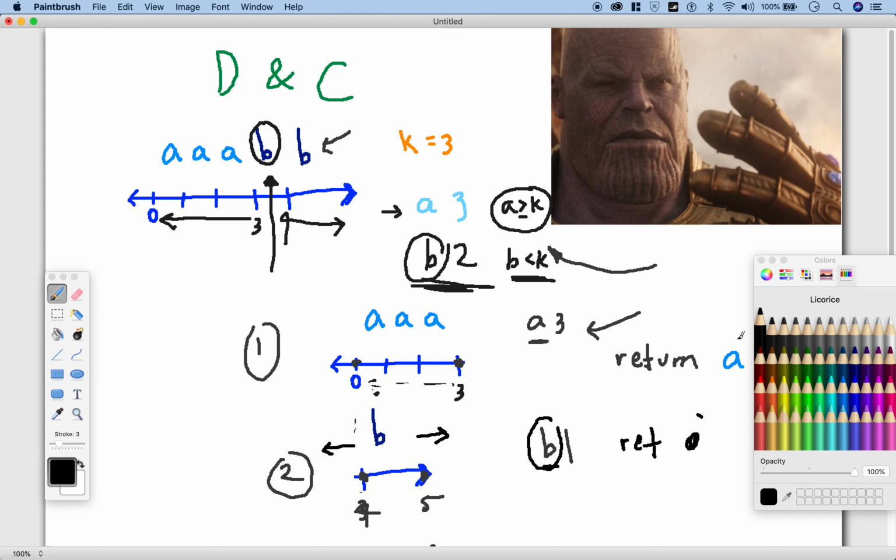All right. So what happens when we return these? Well, if you remember recursion is kind of like, so this is our original string, right? So we divided this string into string 1 and string 2. These are our two smaller strings. So this is string 1, this is string 2.